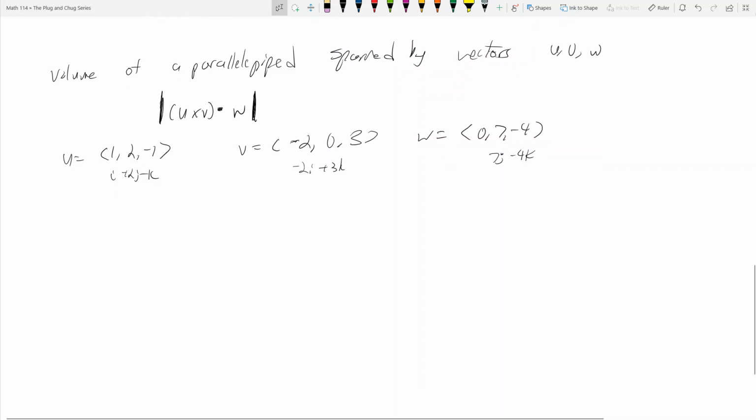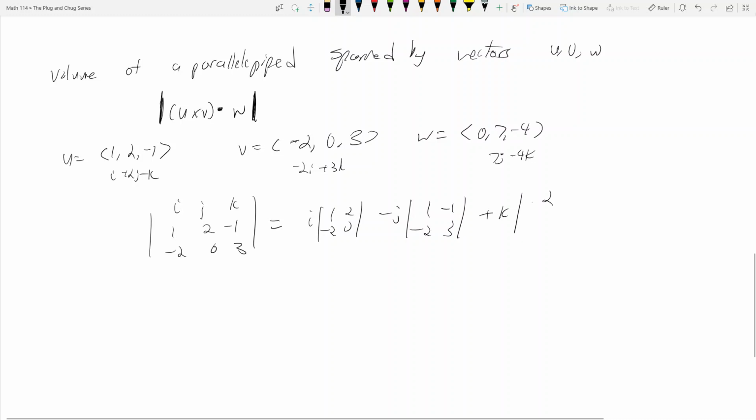Okay, so one way we can do it is to just do the cross product. So it's ijk, 1, 2, negative 1, negative 2, 0, 3. This is going to be equal to i times the determinant 0, 3, 2, negative 1, minus j times 1, 3, negative 2, negative 1, plus k times 1, 2, negative 2, 0.